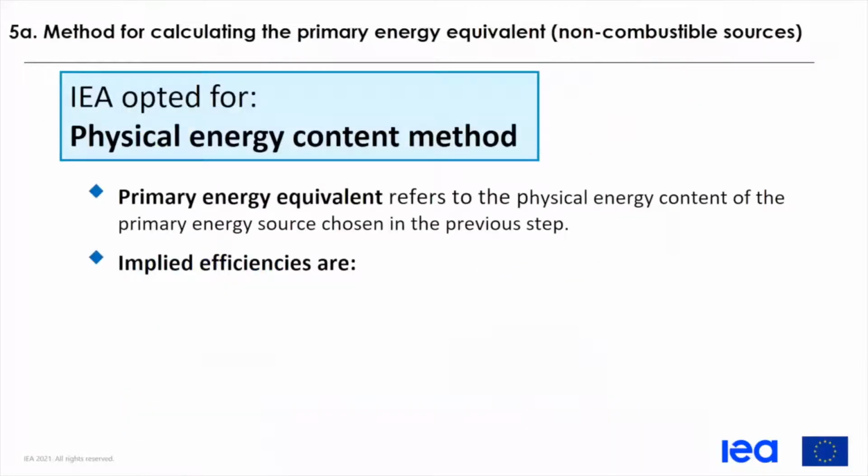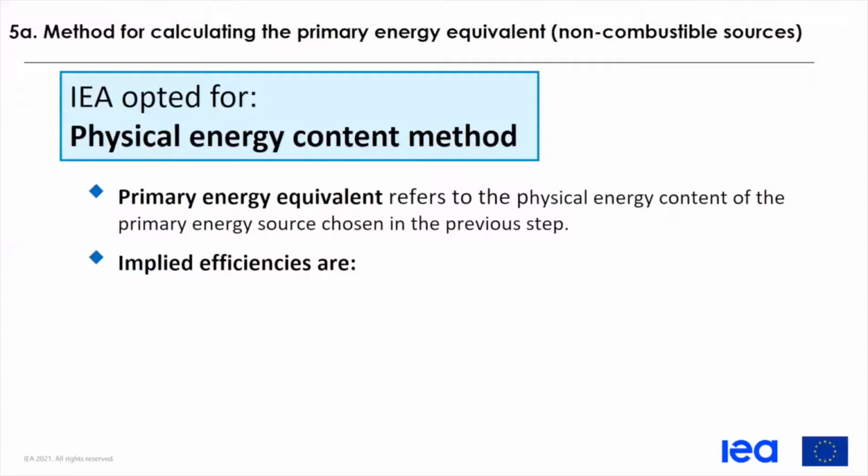We have now identified the form of the energy input, but now we need to quantify it. There are essentially two methods that can be used to calculate the primary energy equivalent of these energy sources: the partial substitution method, which at the IEA we do not use anymore, and the physical energy content method.